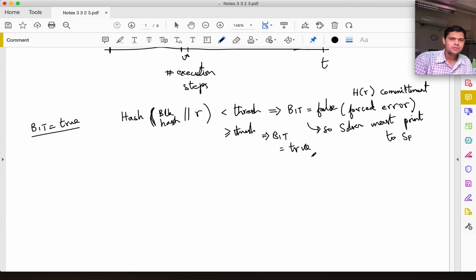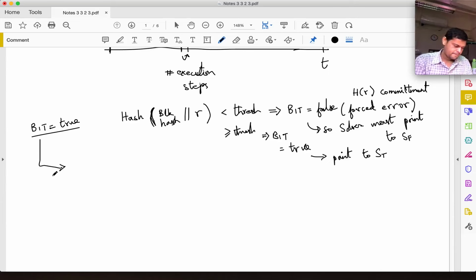So he is supposed to point to his correct solution which he had put on the blockchain. Let's look at the case where the bit is true.